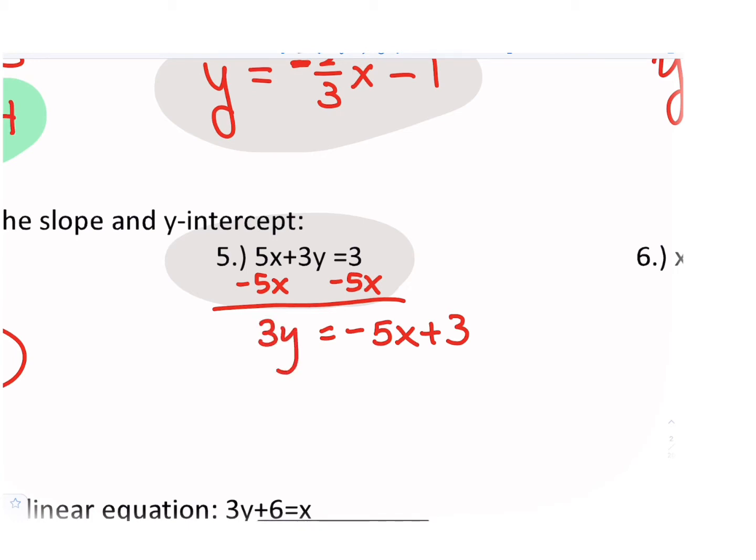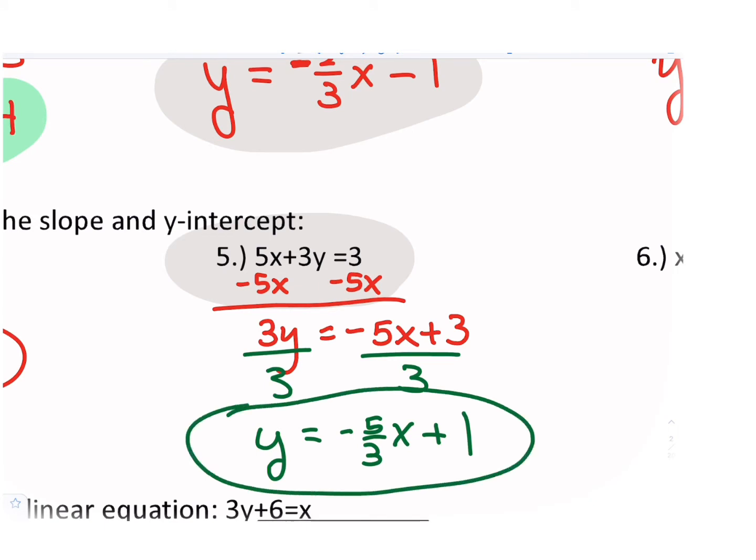Next, I would divide both sides by 3. And that'll give me y equals negative 5/3 x plus 1. There's the answer to number 5.